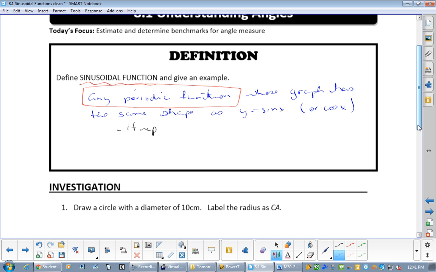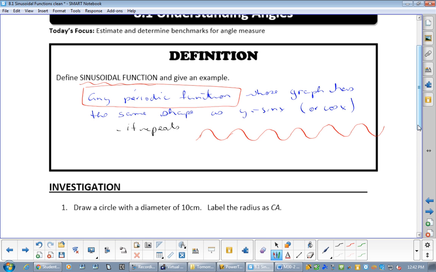The pattern must repeat. So like our sine graph goes like this. I've got to keep going the same, right? Means no matter how long I go, it will go in both directions.